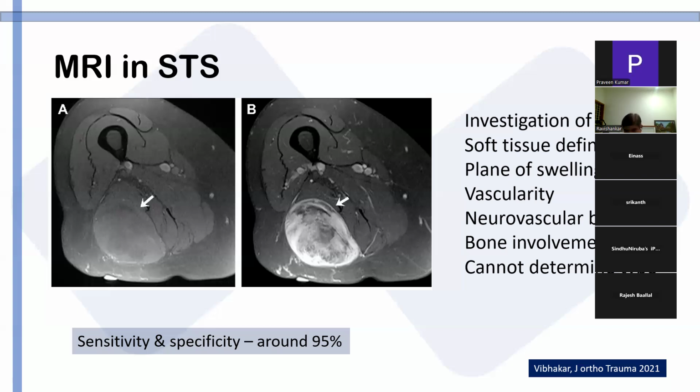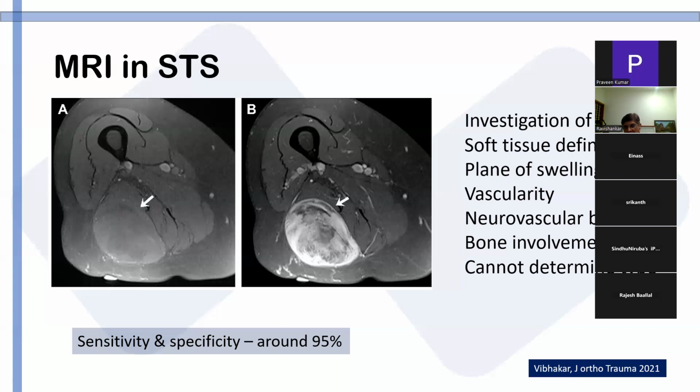Okay. So I'll tell you one of the principles of soft tissue sarcoma resection is that you must give a 1 to 2 centimeter healthy normal margin. The location may be such that you cannot give it because there's a neurovascular bundle nearby, in which case you really have to shave it off the neurovascular bundle.